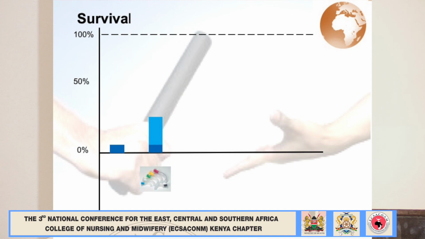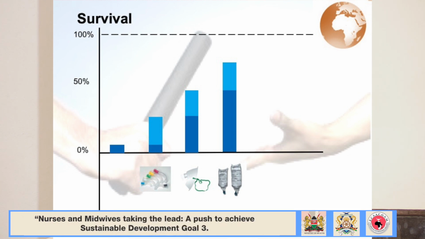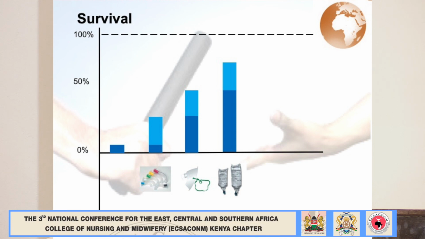If there was an issue with breathing and you gave oxygen, see the increase that would occur if you did the right thing. If the C, circulation, had an issue and you gave IV fluids by accessing that IV line, you can see the percentage increase. What if the patient had an infection, like I'm having an infection today, and you give an antibiotic?